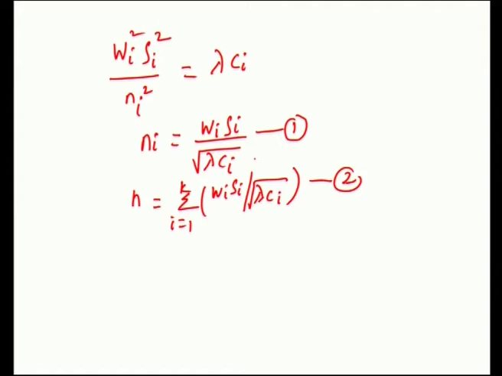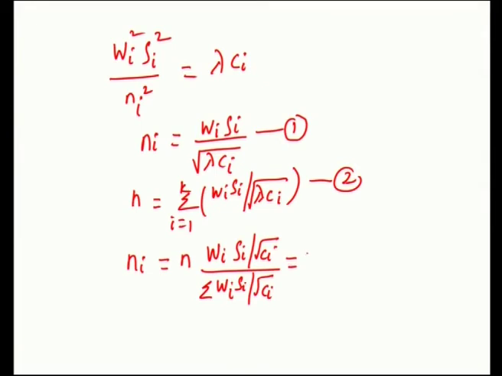From 1 and 2 we can obtain Ni value to be n into Wi Si by square root of Ci divided by summation Wi Si by square root of Ci, and this can also be written as n into Ni Si by square root of Ci divided by summation Ni Si by square root of Ci.